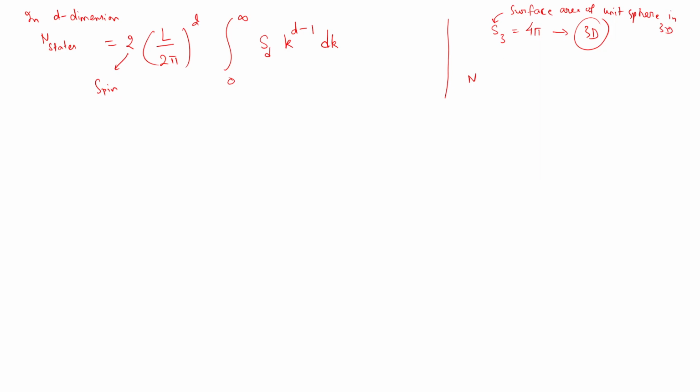R is 1, so it will be 4 pi. So n states in 3D will be equal to 2 L over 2 pi whole cube, 0 to infinity 4 pi k, so 3 minus 1 is square, dk. Okay, similarly for any other arbitrary dimension that you can do. Okay, so this is the surface area of unit sphere, which is basically just a number.